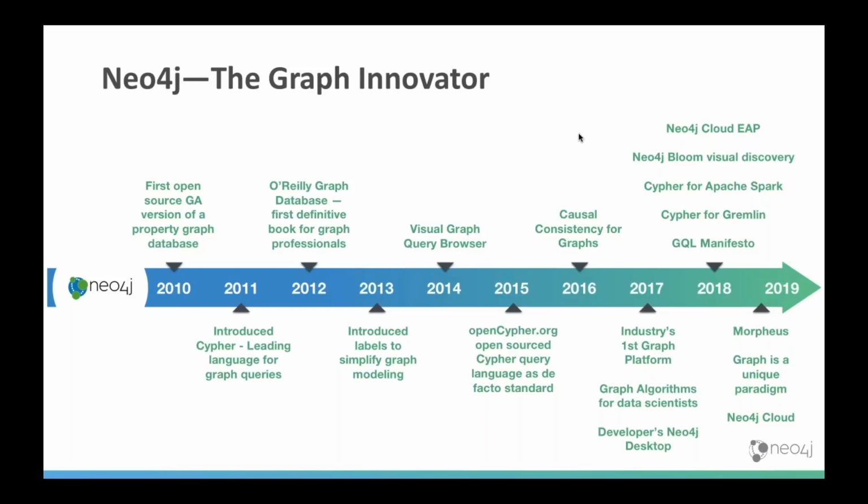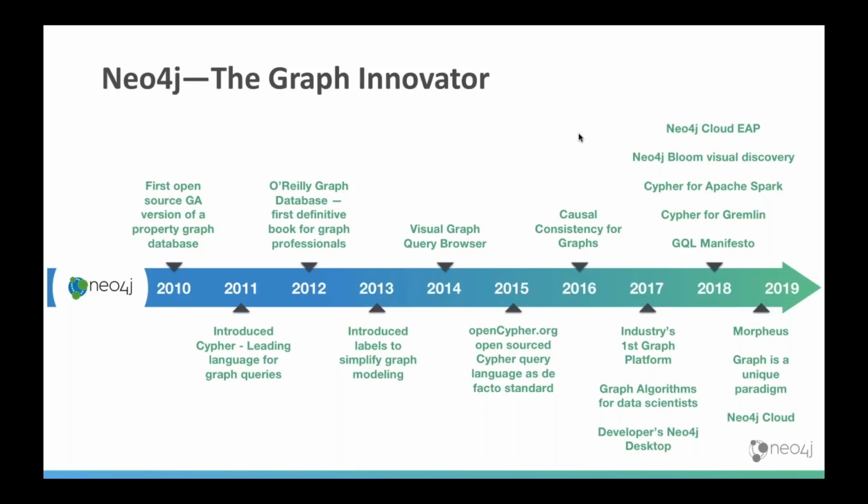Since then, well, our success and changes in the world have led to other players entering the market, but we've now got 200 developers working on Neo4j, which is by far and away the largest number of people working on a graph database anywhere.